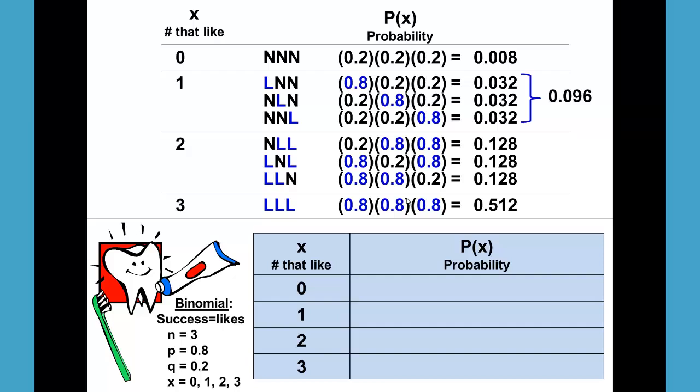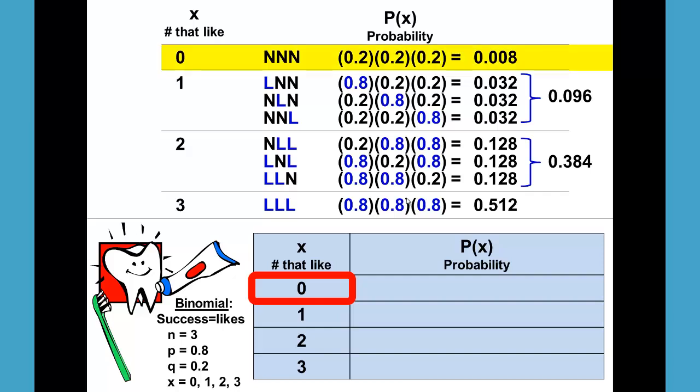Since there are 3 ways that we can have 1 child like, we would want to add those up and get 0.096. The same for 2 children liking the toothpaste, add those up and get 0.384.